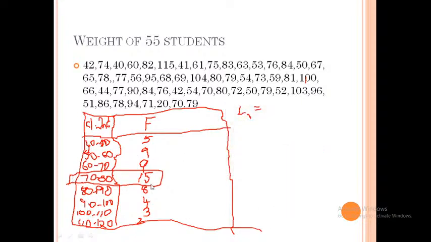This is the mode class, with lower limit 70 and upper limit 80. So L1 is equal to 70.